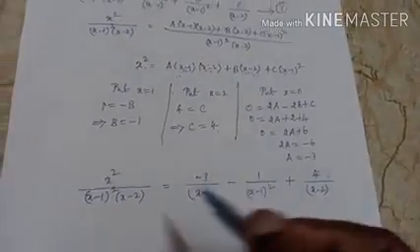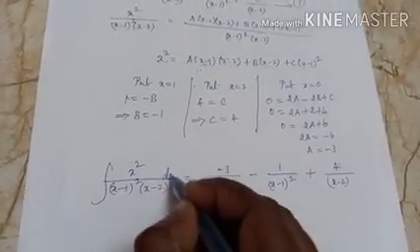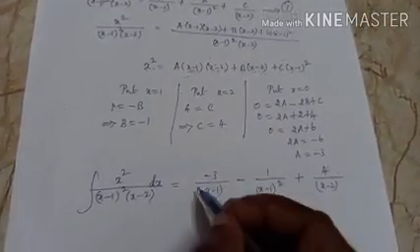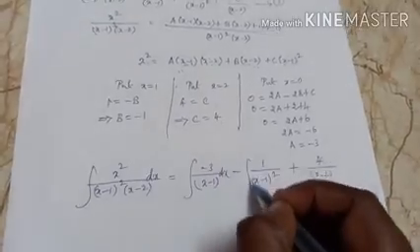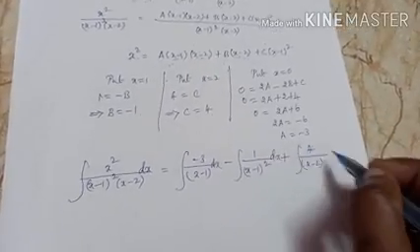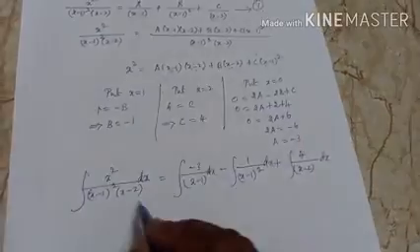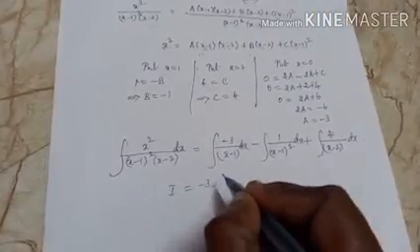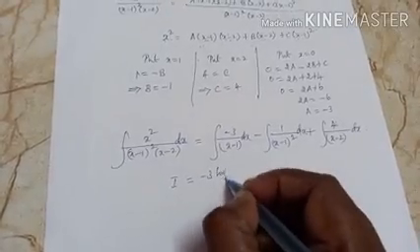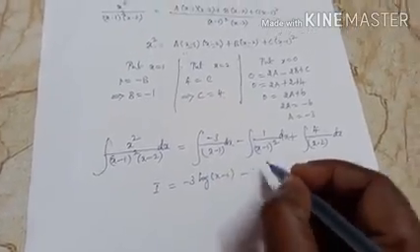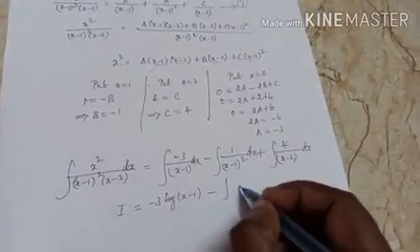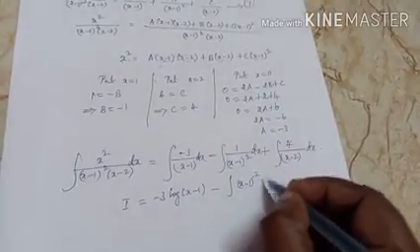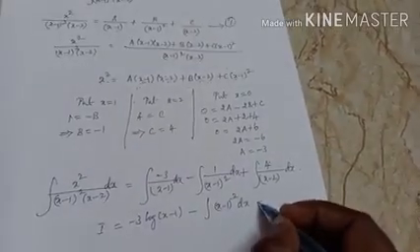Negative sign. Question is evaluate the integral. This is equivalent to this one. So everywhere you can write integration. Let us represent this as I. So take minus 3 outside. Integral dx by x minus 1 is log of x minus 1. Here you can take this term to numerator. You can use formula.